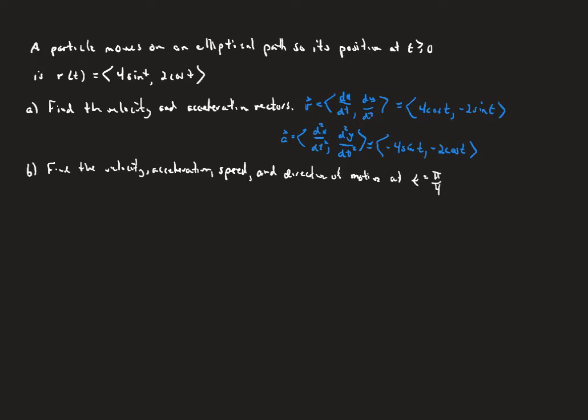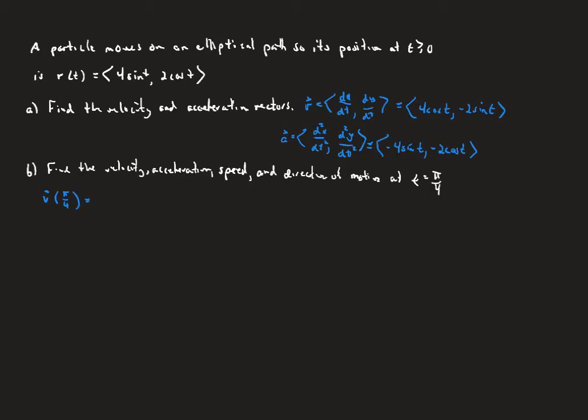So we're going to actually evaluate it there. So let's see what we get. So our velocity, I guess I can say at pi over 4. I think this would be good notation.